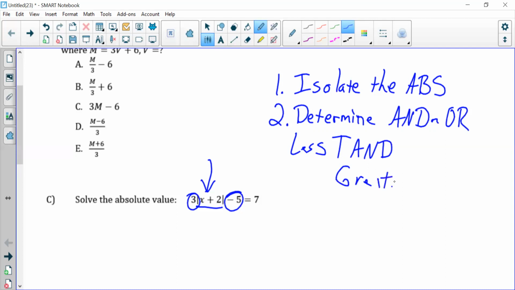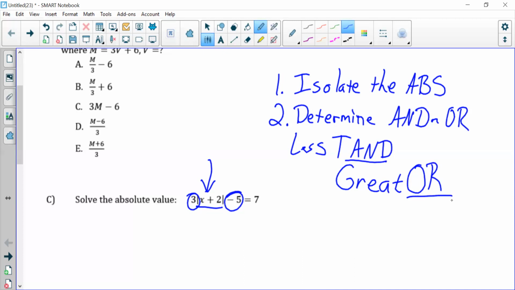Forgive me, folks, I'm getting really impatient with the Smart Notebook today. G-R-E-A-T-O-R. More on this in a second. So: less than, greater.